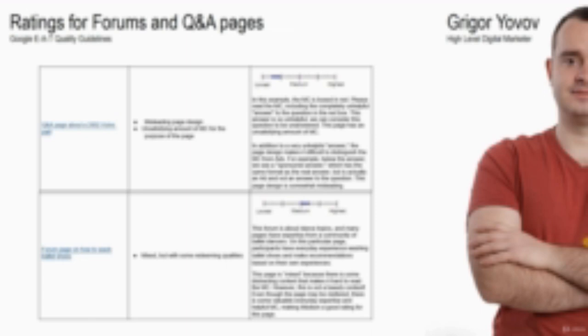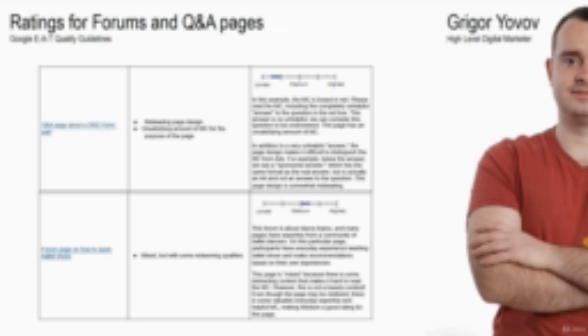So in the next example, we have a medium one. It's a forum page on how to wash ballet shoes, and it's mixed but with some redeeming qualities. Let's read the comment. This forum is about dance topics, and many pages have experience from a community of ballet dancers.